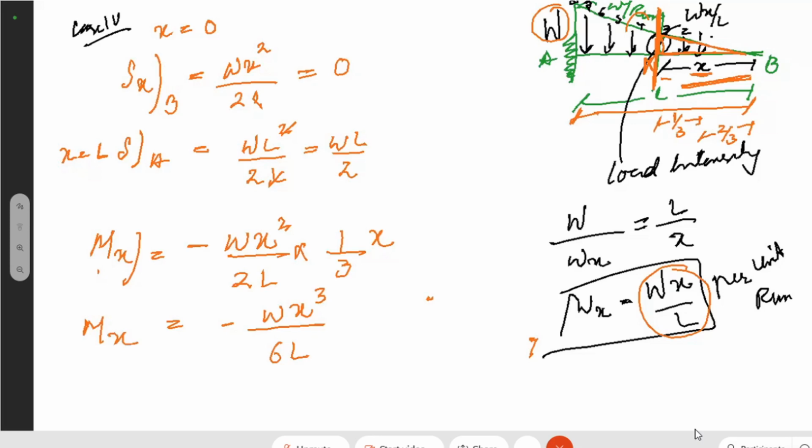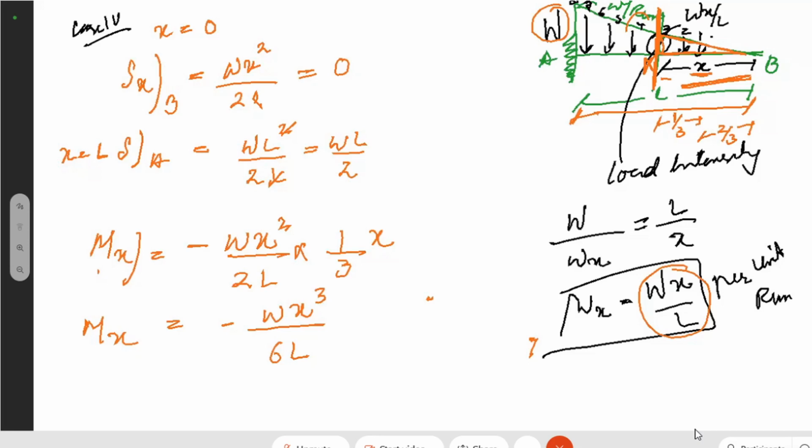Sir, earlier we took the centroidal distance as x/2, right? That is the same, that is again from x. X by 2 is the central point when we talk about uniformly distributed load.